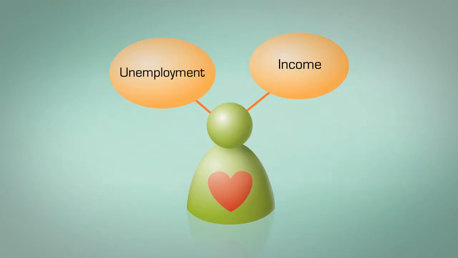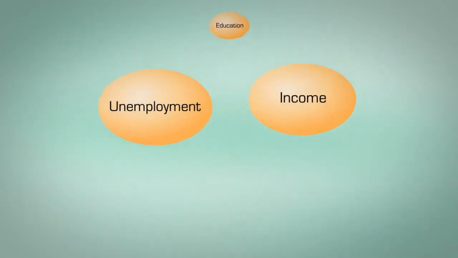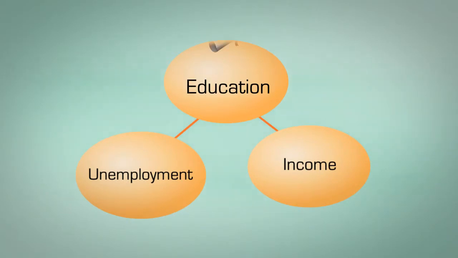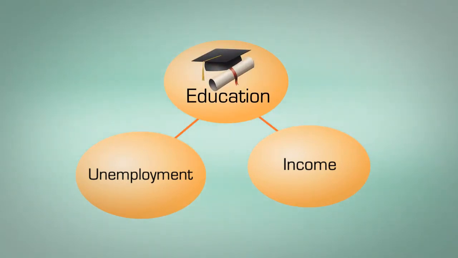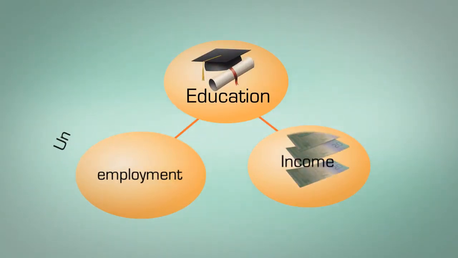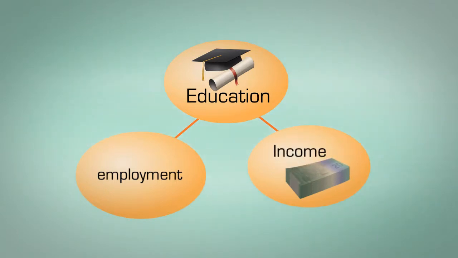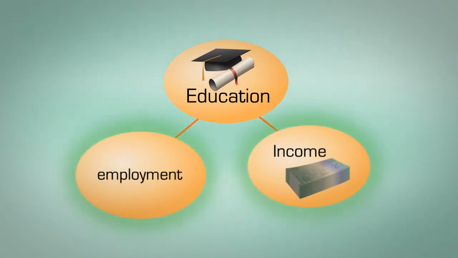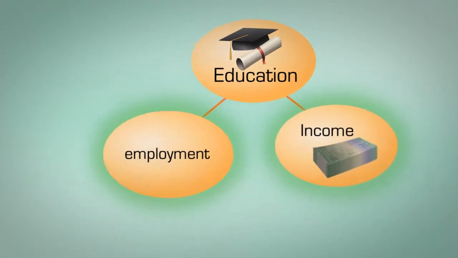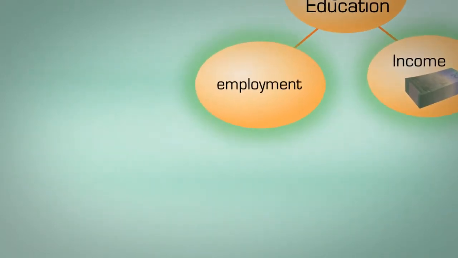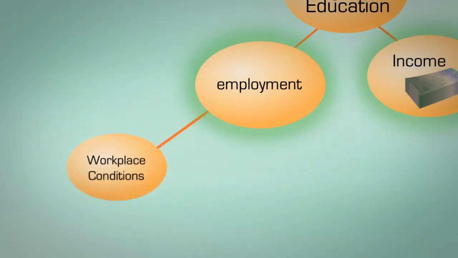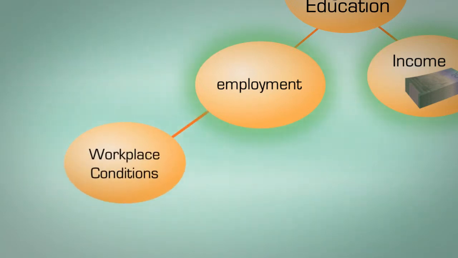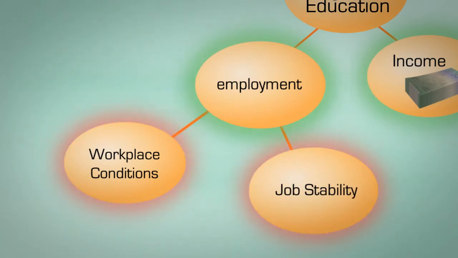So what determines income or employment? One major factor is education. More education generally leads to a better chance of employment and higher paying jobs, both of which have a good influence on our physical health. However, even if you are employed, some workplace conditions, such as lack of flexibility and control over your workday, and short contract work can cause stress to the individual.